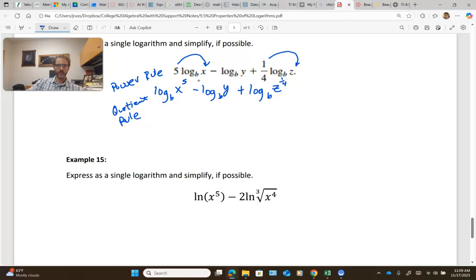Okay, so quotient rule. So this will become log base b of x to the 5th as my numerator over just y. Okay, and then I'll rewrite the rest of this. I still have the plus log base b of z to the 1/4.